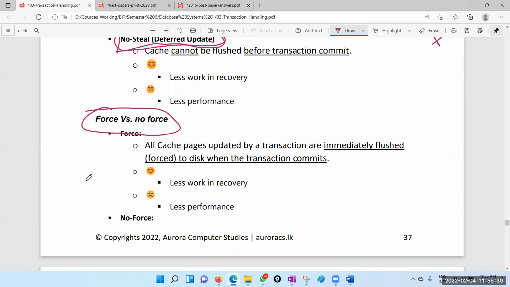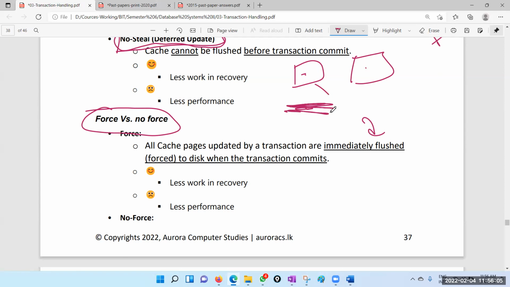So the next concept is force versus no force. Force means all cache pages updated by transactions are immediately flushed, or forced, to the disk when the transaction commits. When a transaction commits, if there are data pages with dirty data related to this transaction which are not yet updated to the disk, those will be flushed.